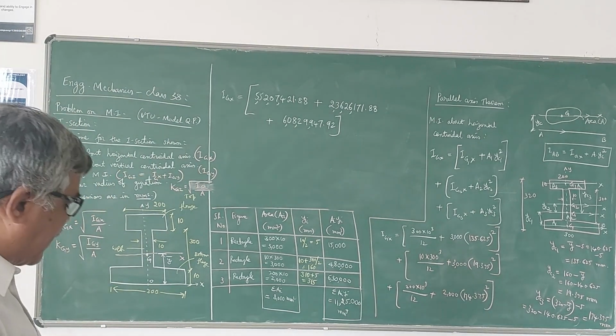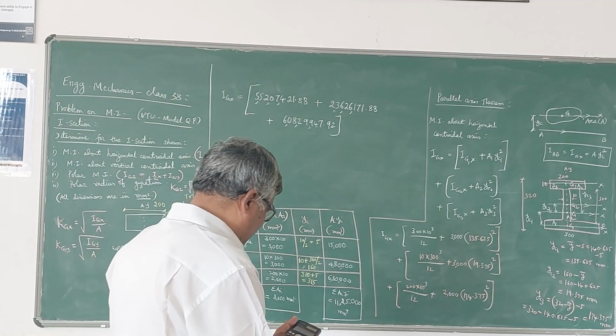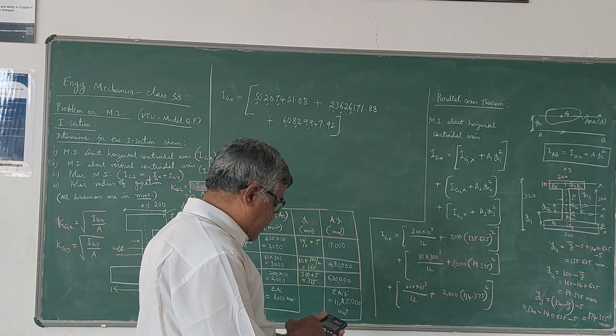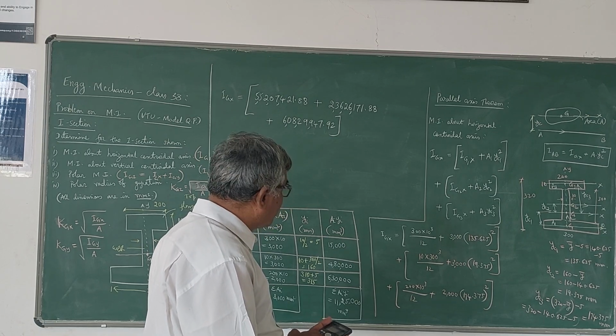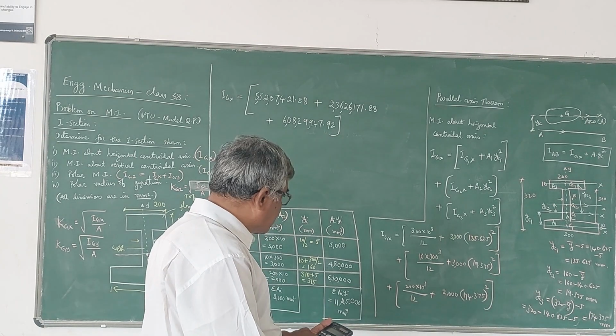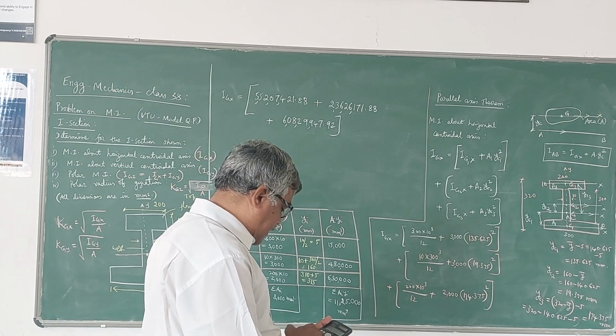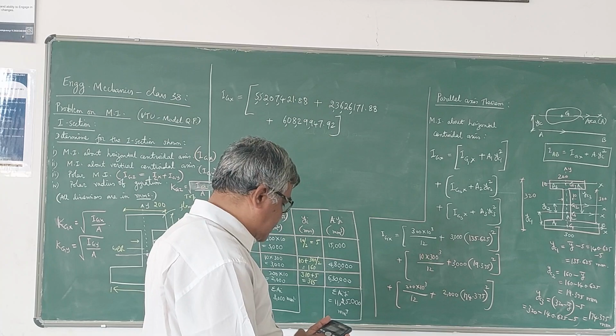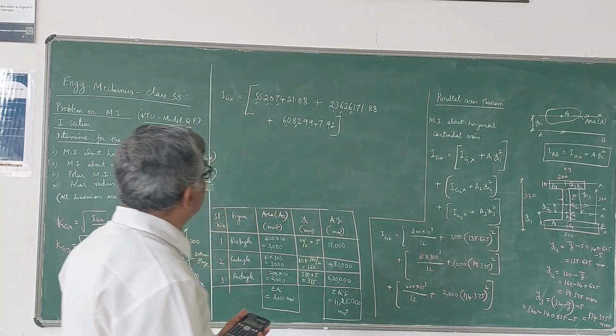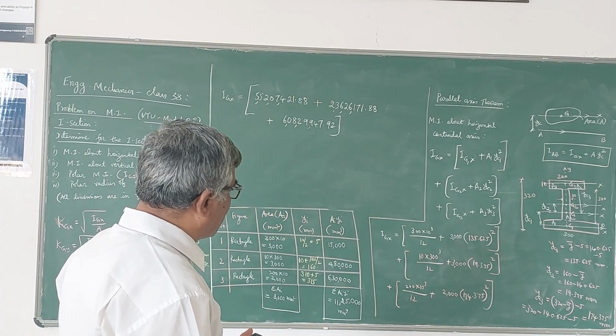55207421.88. Okay. Second value, 10 into 300 cube divided by 12 plus 3000 into 19.375 square. It comes out to be 23626171.88. Correct.